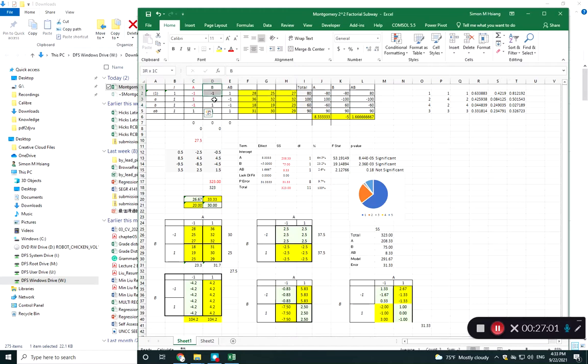Okay, B effect. If here is low, high, then B effect should be what? Low, low, high, high. Why? Because if I do it this way, would you agree with me? There are 4 different possible treatments. Low-low, low-high, high-low, high-high. Agree?